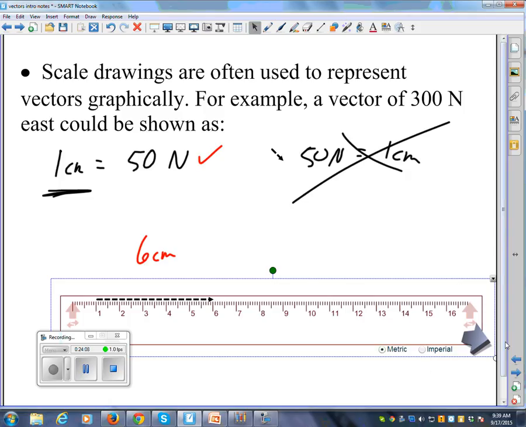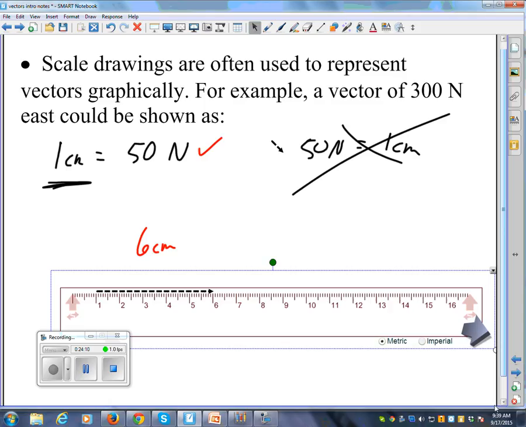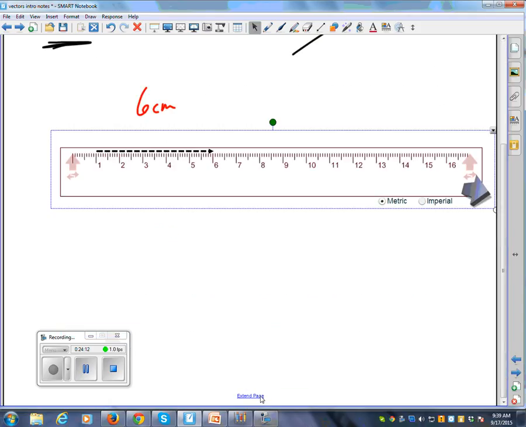Now, how many people are so accurate that they're going to get exactly 6 centimeters? None of you, me included. Here's the error that I will allow: plus or minus 3 millimeters. You can be out by plus or minus 3 millimeters, which means this one here could be anywhere from 5.7 centimeters all the way to 6.3 centimeters.